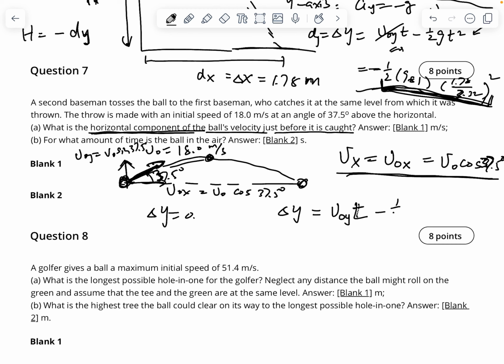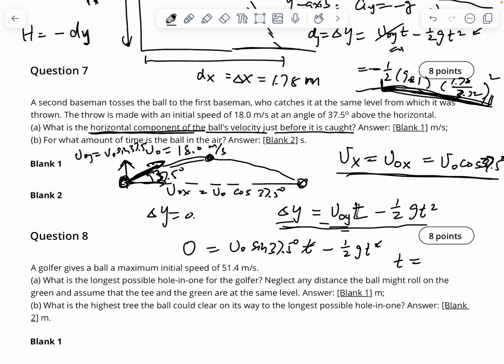minus half g t squared, right? From this equation, we can figure out the in-air time. So 0 equals v o y, which is v naught sine 37.5, times t, minus half g t squared. We divide by t on both sides, so one t cancels.